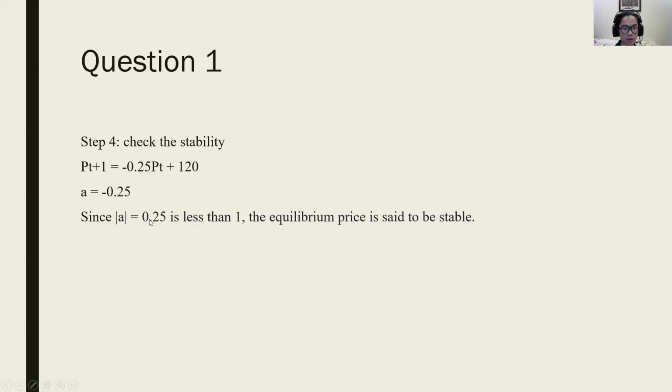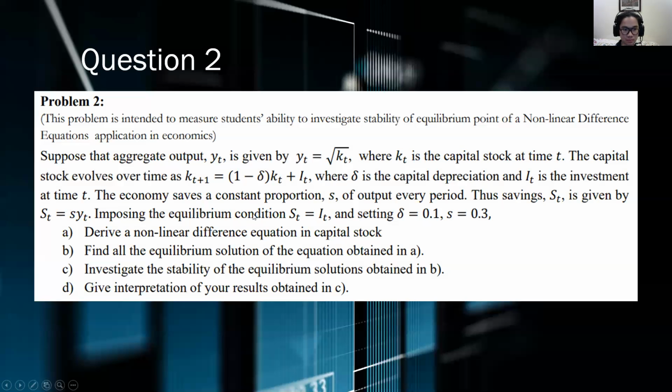So in this case here, from our first question, negative 0.25 is essentially A, and then 120 is B. So checking the stability, we only need A. So the absolute value of negative 0.25 is 0.25, which is less than 1. So to interpret this, basically the equilibrium price is said to be stable as A is less than 1.